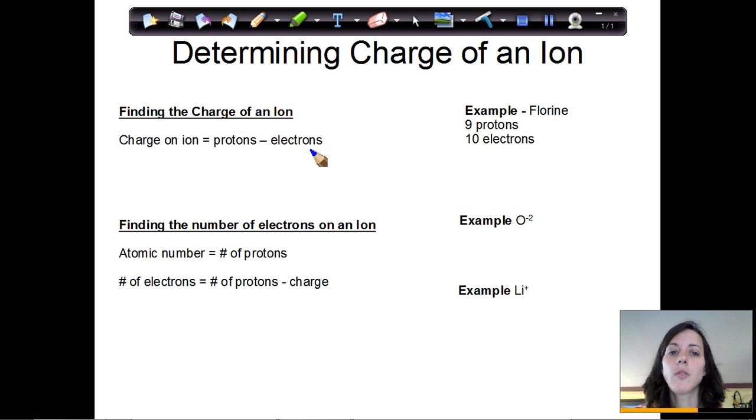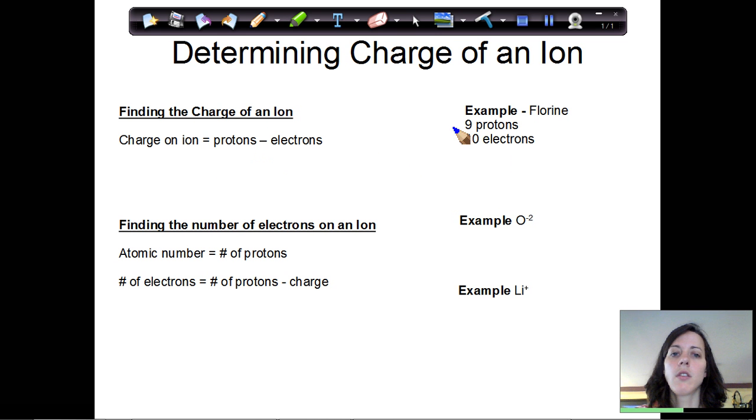The reason it's protons minus electrons is because each electron has a -1 charge and each proton has a +1 charge. So as opposed to remembering to add up the charges, you can just do protons minus electrons and it's the same thing. There are a couple of different ways of finding the charge, but they get you the same answer.